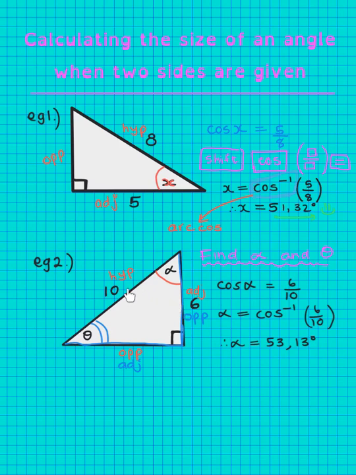So opposite over hypotenuse makes sine. Good. So sine of theta is equal to opposite 6 over the hypotenuse 10. Now, to solve for the angle, to solve for theta, I'm going to say first of all just the buttons we push. We go shift sine.